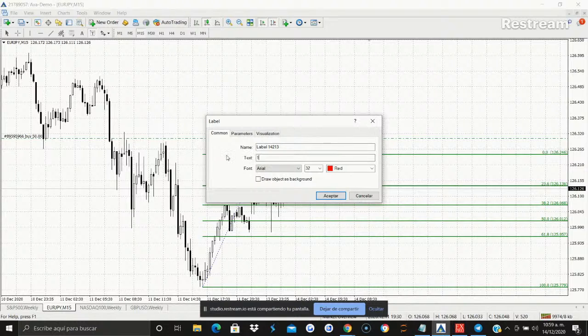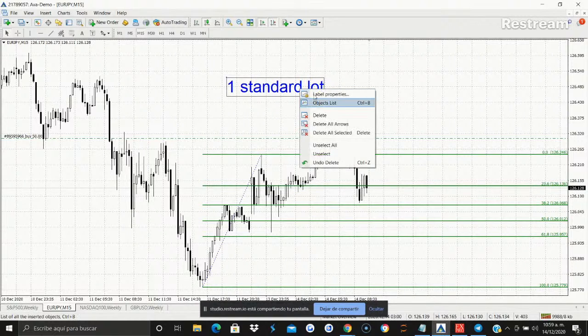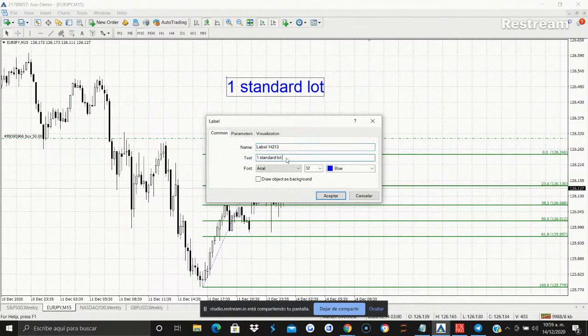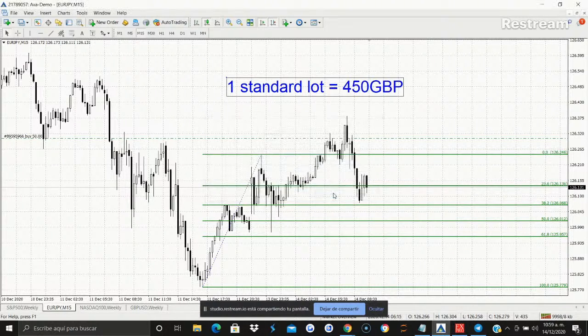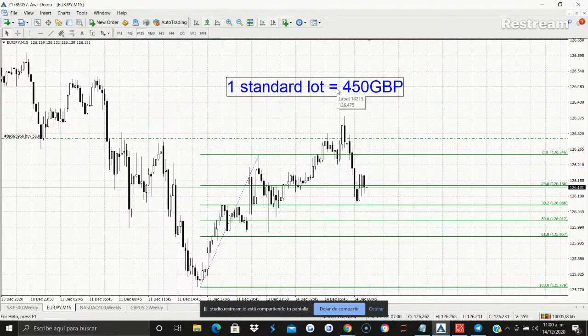If you're trading with one standard lot, that will be equal in money to about 450 GBP in profits. Okay. Now, the trick here is to define your risk. That's what we're looking at. We need to know exactly the worst case scenario, right?